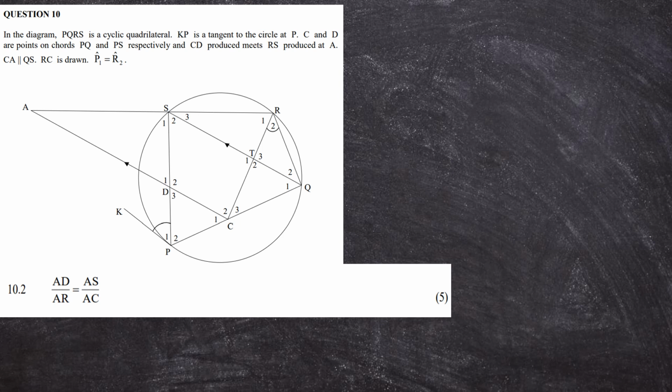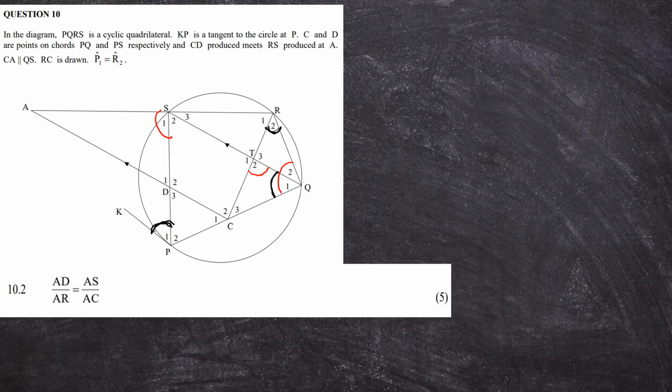In the previous question, we proved that angle S1 is the same as angle T2, and angle S1 was initially equal to angle Q by exterior angle. We also proved that angle P1, which is the same as R2, was also the same as Q1 by Tan-chord theorem.